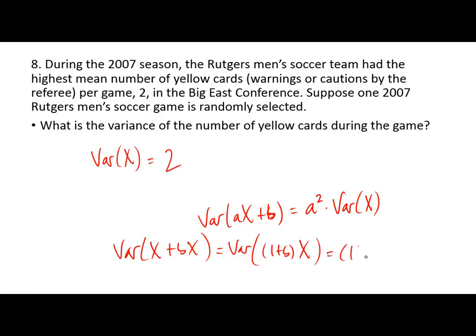So now you have 1 plus b squared times the variance of x. In general, if I have the variance of x plus some other random variable, that's something we'll talk about in chapter 5, where we look at the variance of more than one random variable. So no need to worry about that for now.